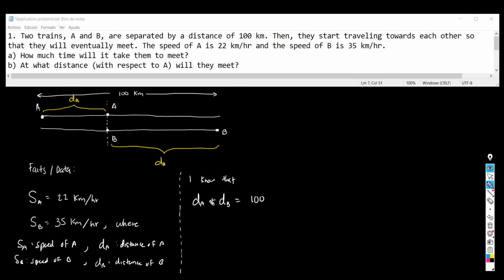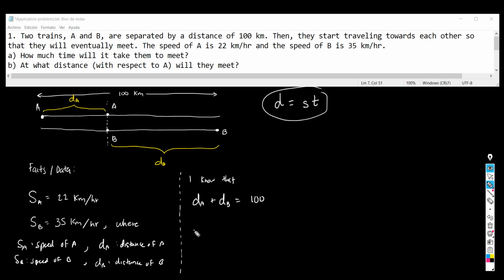Okay, 100 kilometers, perfect. Now, going back to our previous application problems, I showed you that there is an equation in physics which goes like this: the distance equals velocity or speed times the time. And I'm gonna use this formula of physics, one for each of my two trains.